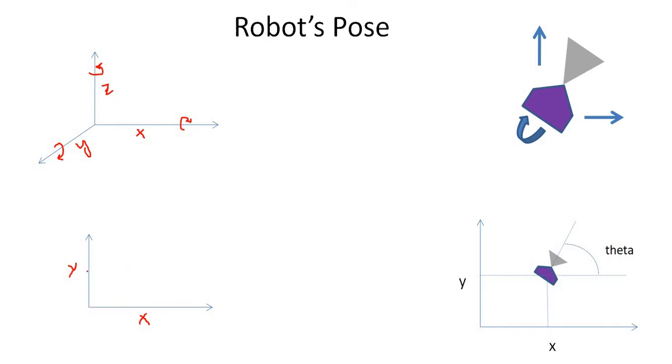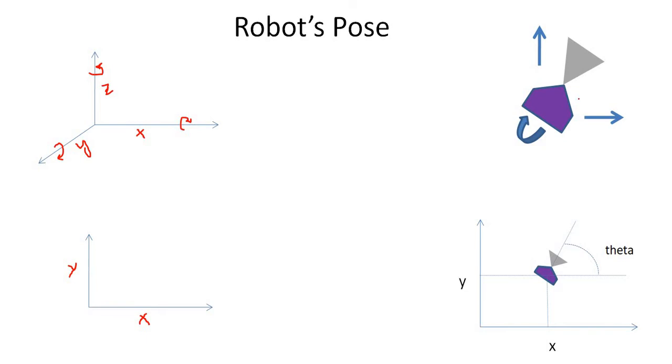A planar robot is one that doesn't have any third dimension. It has only 2 dimensions, and it can move along the x-axis or y-axis, but only on a paper or a plane.